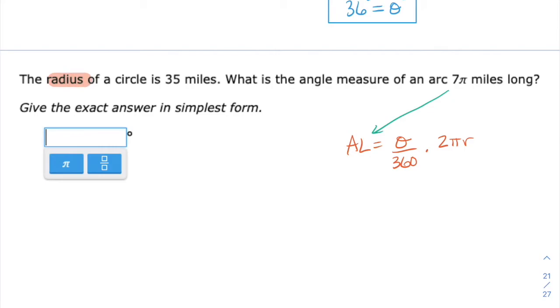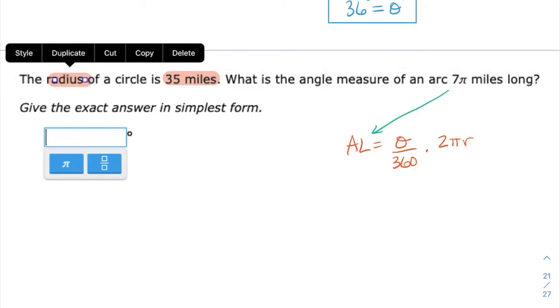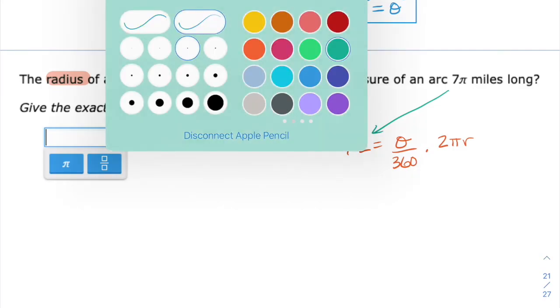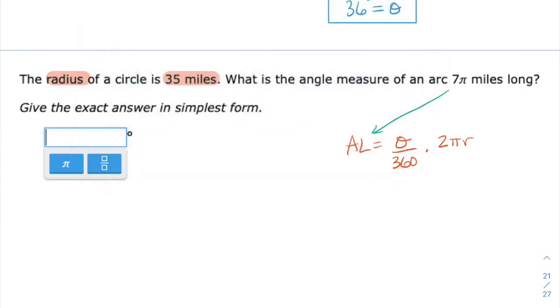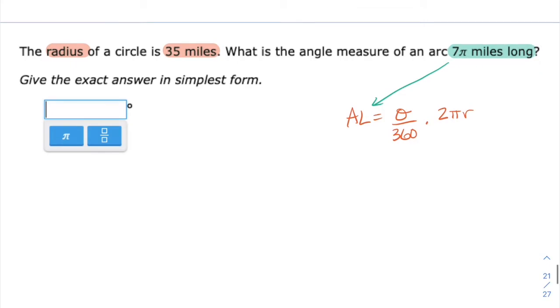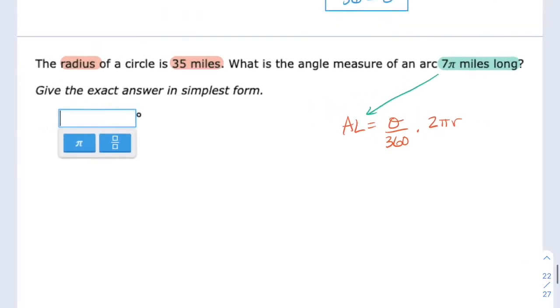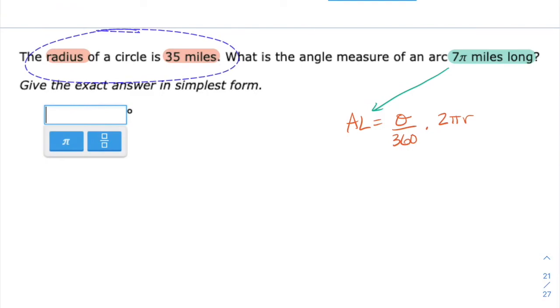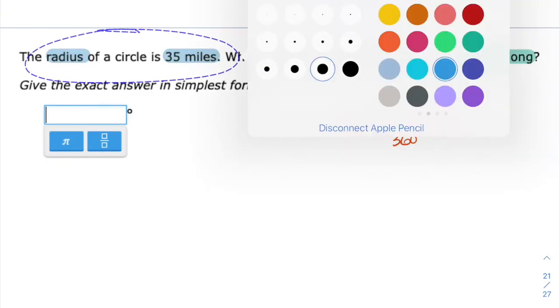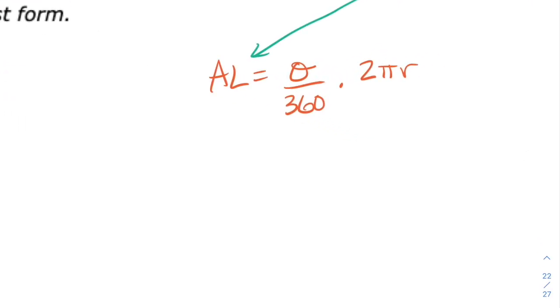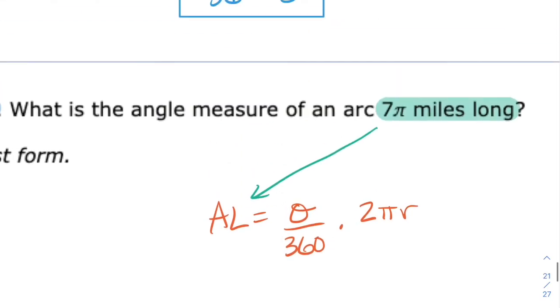So a radius of 35 miles, and an arc length of 7 pi miles long. Okay. So, yeah, that's not going to help me either.